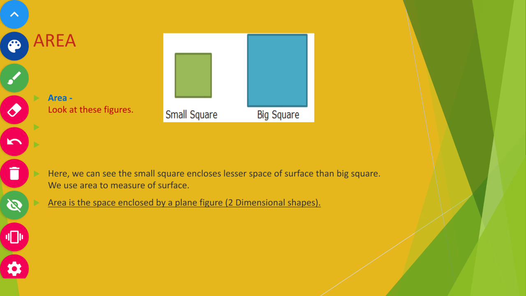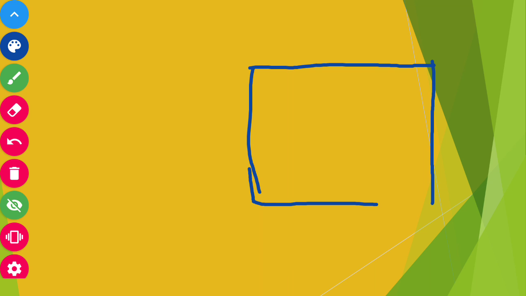Okay, children. Now let's see one example. Children, here this is a photo frame. Now I just want to place a photo in this photo frame.